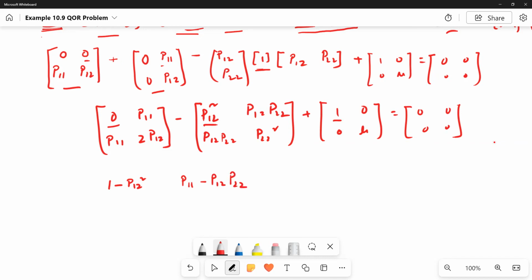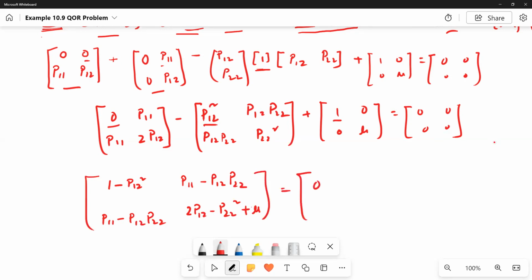The third parameter is P11 minus, generally it becomes identical, so P12, P22. Then you'll have 2 P12 minus P22 square plus mu. So this should be equal to the other side, that is all 0.